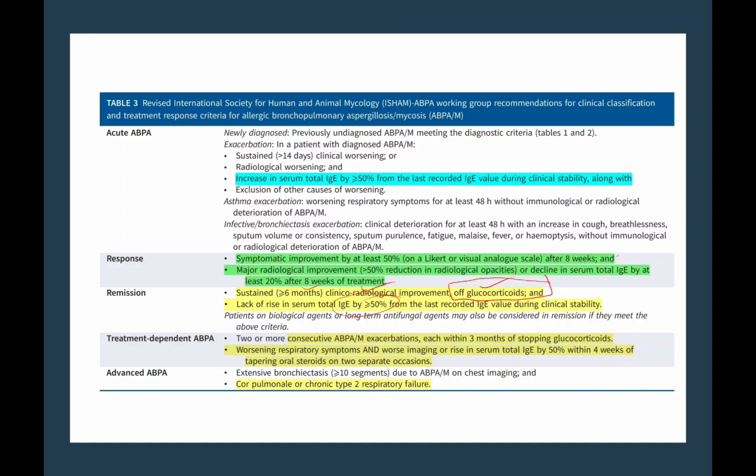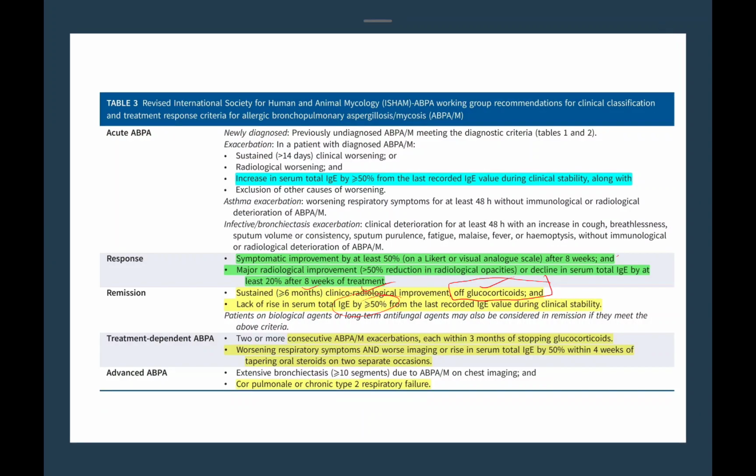The patient may even be on a biological or antifungal and may be considered in remission if they meet the above criteria. So patient off steroid for more than 6 months with sustained clinical and radiological improvement, then it is remission.